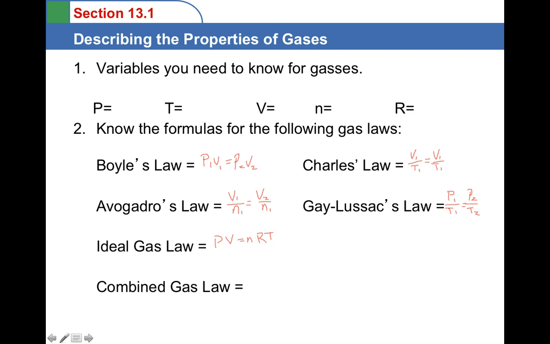And then the combined gas law pulls everything together, and that is P1 V1 over T1 is equal to P2 V2 over T2. Okay?